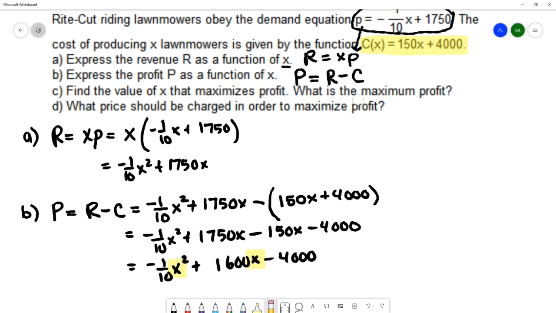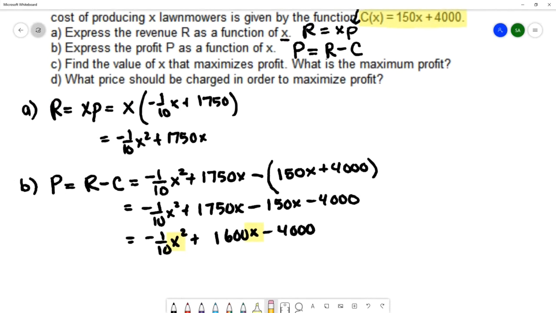What is the maximum profit? So this part can be a little bit confusing, but I'm going to explain the logic of how we get to the maximum profit. So what we notice about our profit function is that it is a quadratic. We know it's a quadratic because of that squared. So our profit function is a quadratic.